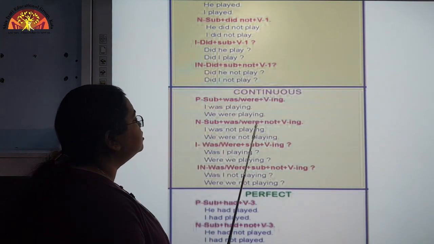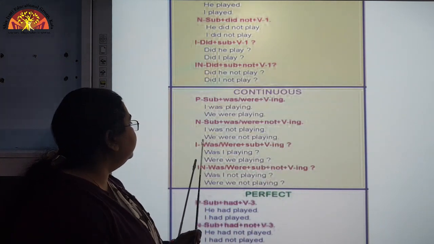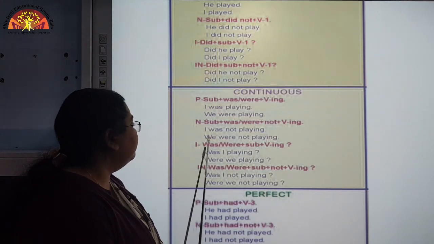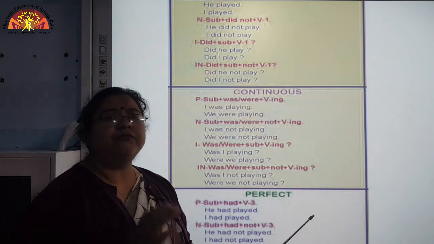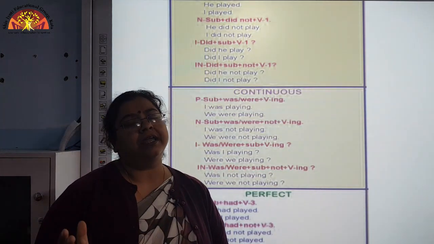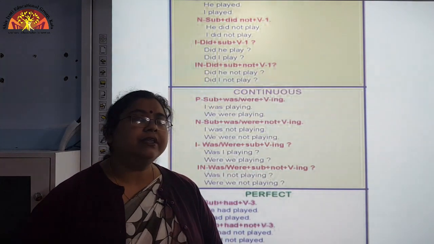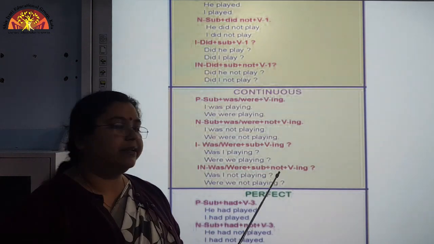Subject plus was or were plus not plus verb ing form. So, here I was not playing, we were not playing, she was not going to school when I met her. In this manner we can use the negative sentence.